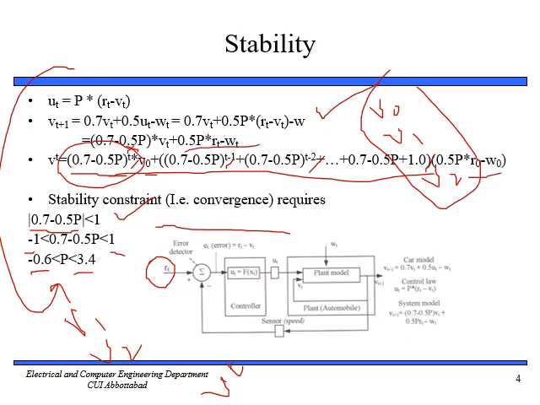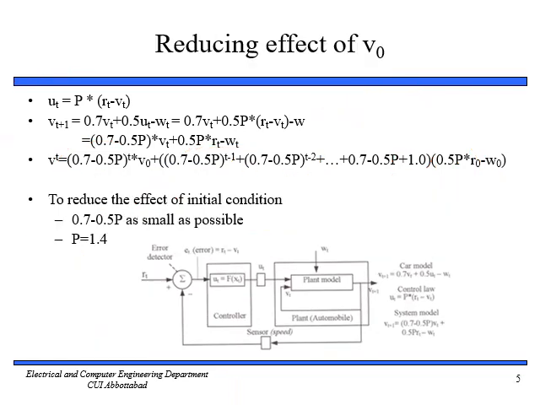So here we can find the stability of our system. So let's move on to the next slide. In the previous slide we have seen that the stability range for P was minus 0.6 to 3.4. We could set P close to 3.4 to obtain the fastest decay of the initial condition.